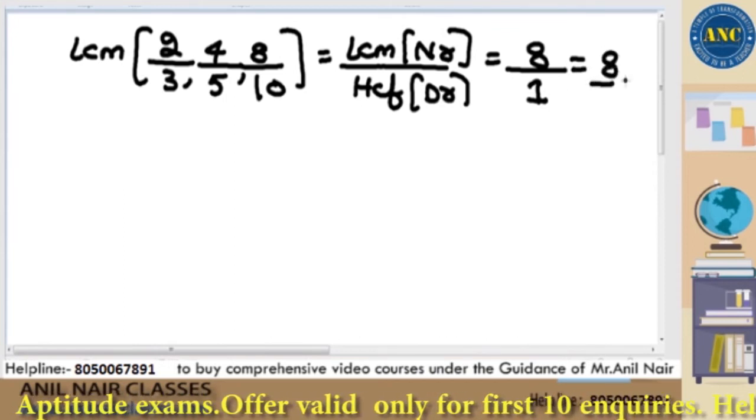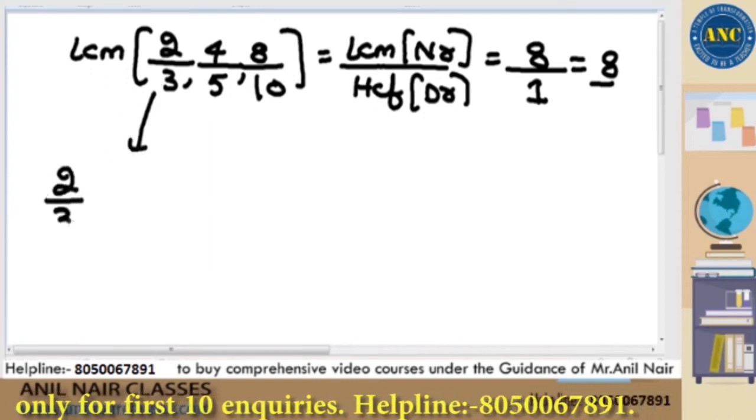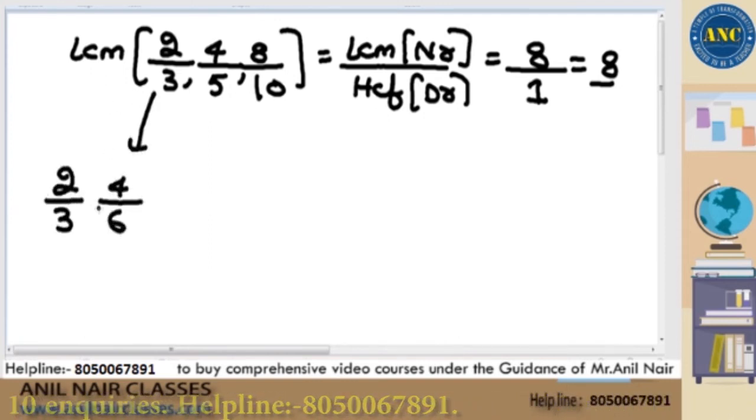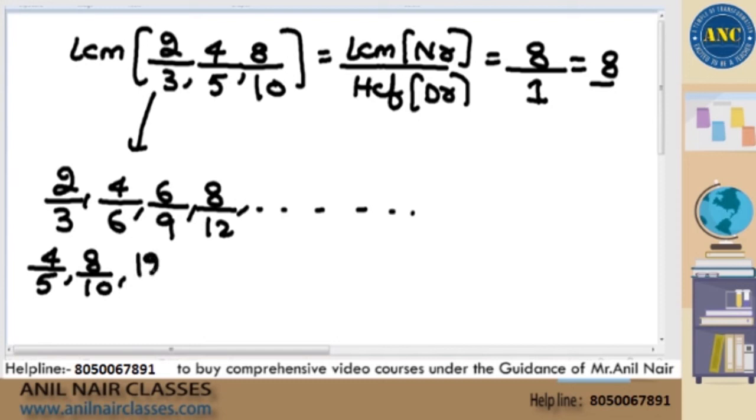Sir, how did you get it? Suppose 2 by 3 is there. 2 by 3 can also be written as 4 by 6, 6 by 9, 8 by 12 and so on. 4 by 5 can also be written as 8 by 10, 12 by 15, and so on.